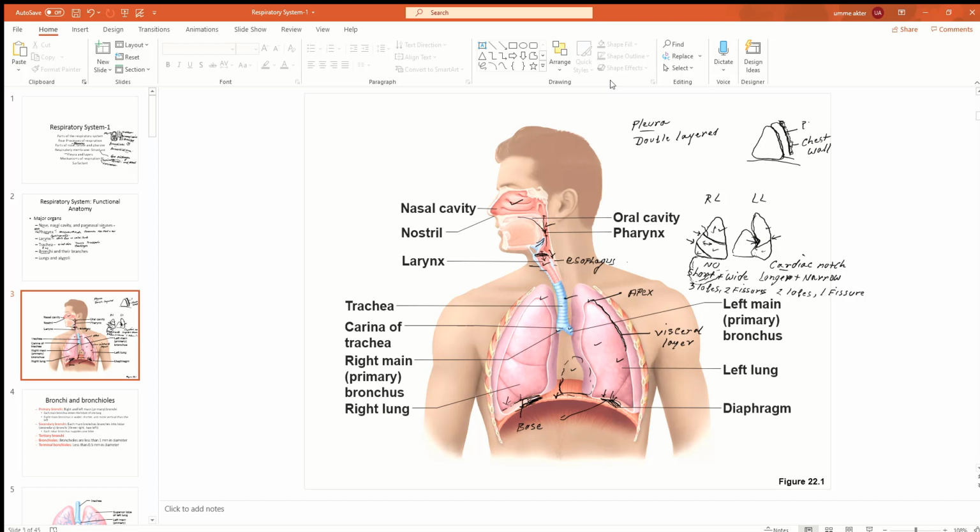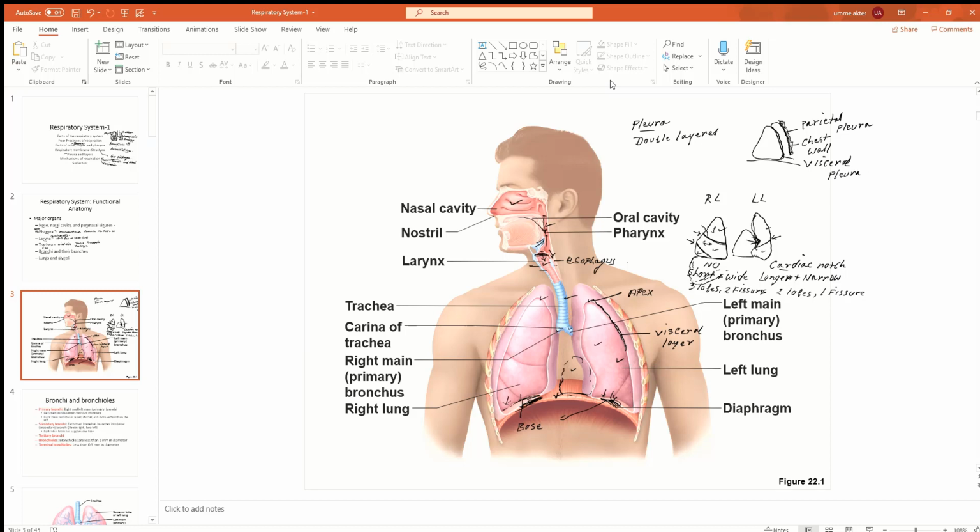Parietal, and the one attached to the lung, that is the visceral layer. So parietal pleura and visceral pleura.